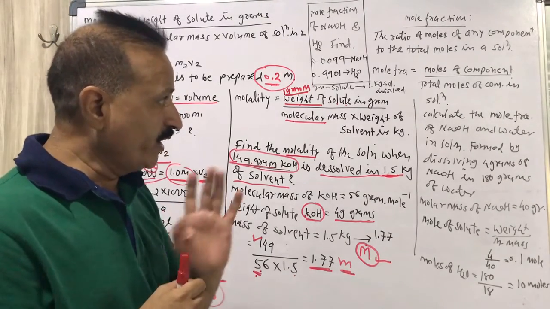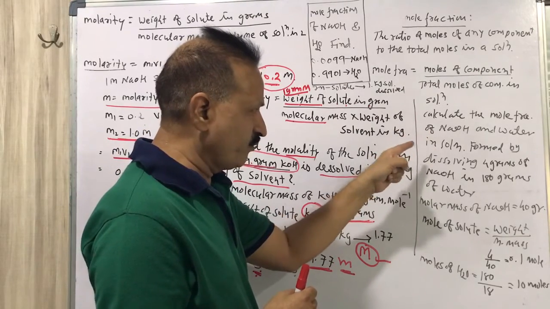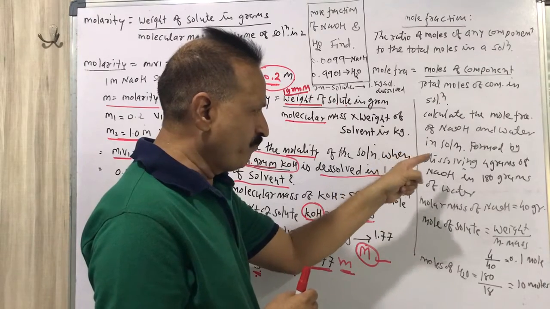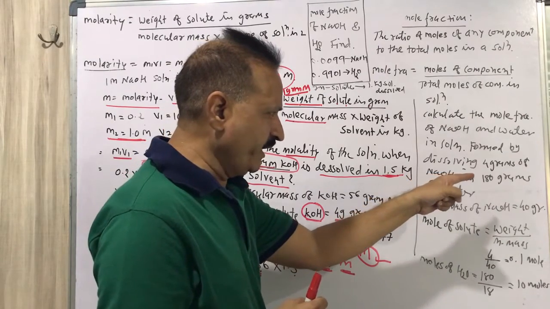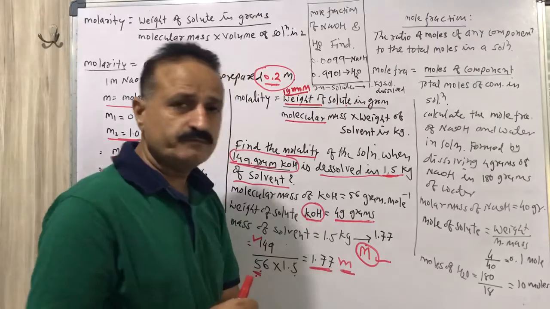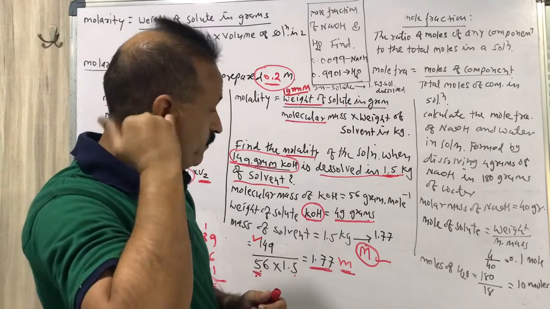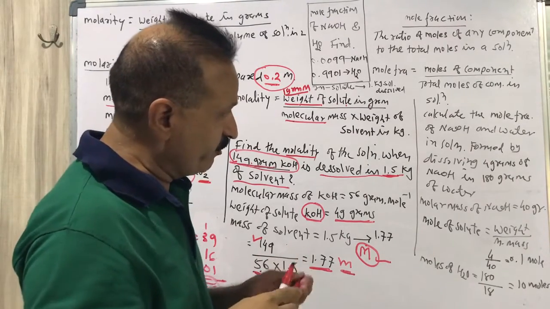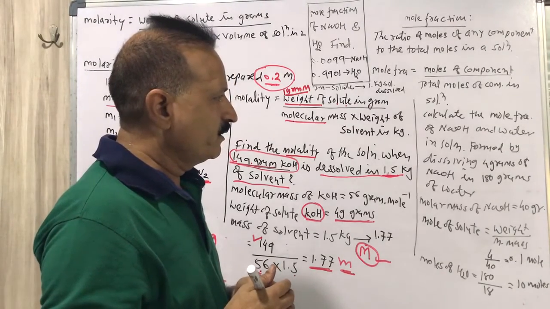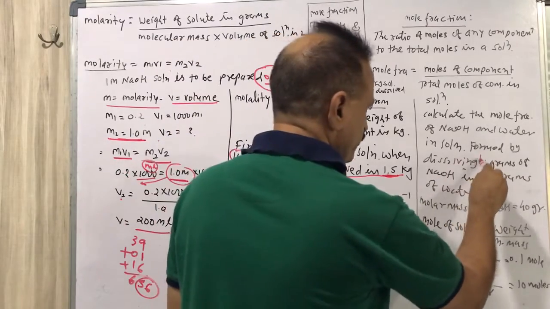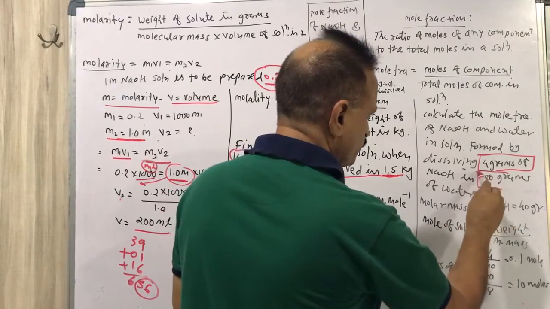So you are given one sum: calculate the mole fraction of NaOH and water in solution formed by dissolving 4 grams of NaOH in 180 grams of water. You are given weight of NaOH and you are given weight of H2O. So weight of NaOH is 4 grams and weight of H2O is 180 grams.